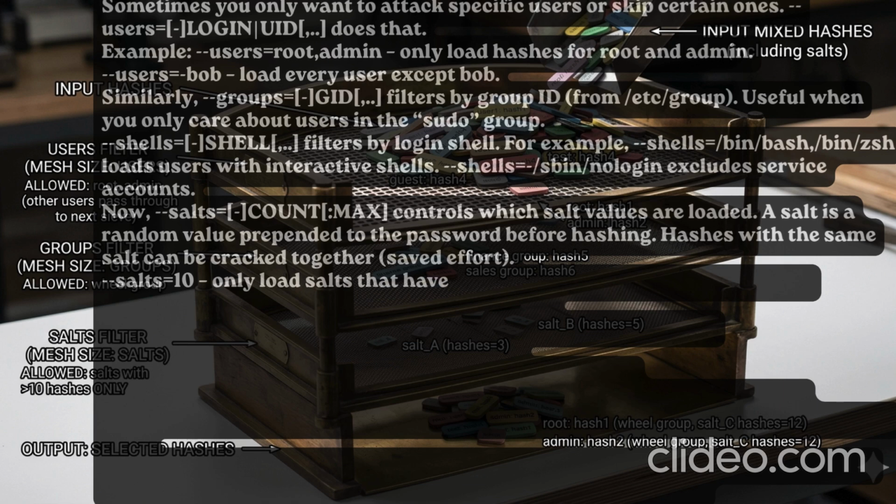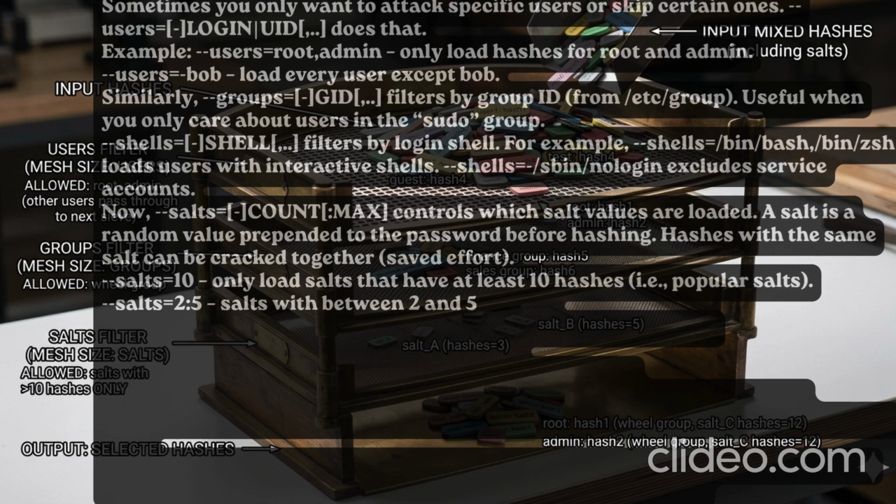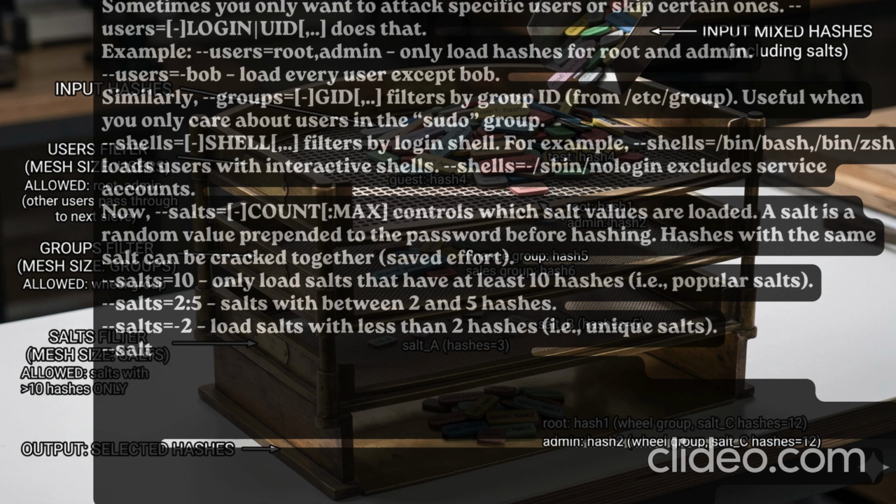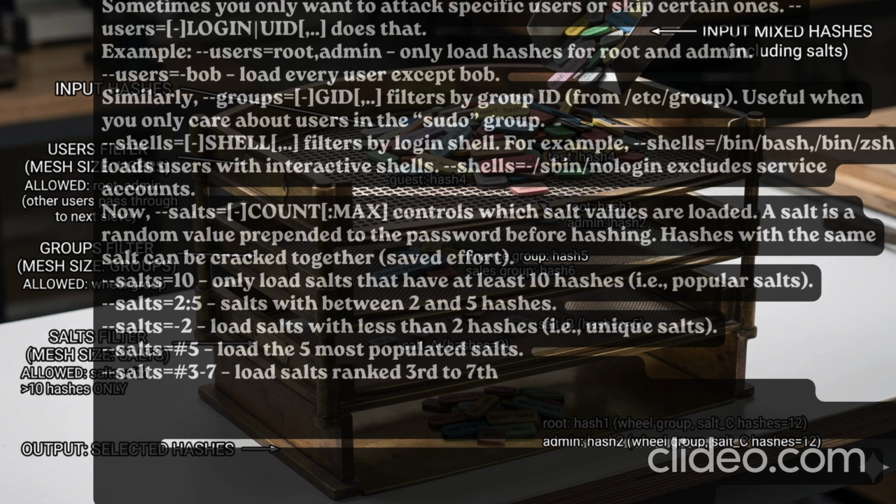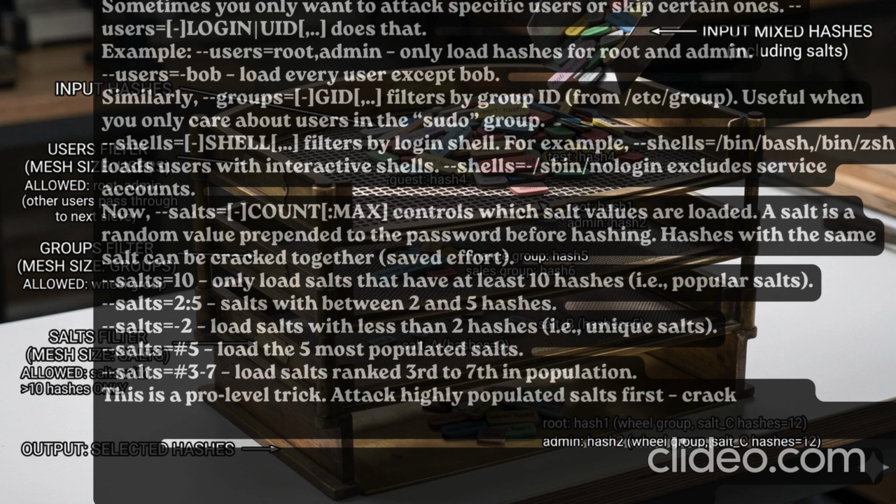Hashes with the same salt can be cracked together, which saves effort. --salts=10 only loads salts that have at least 10 hashes, popular salts, and --salts=2:5 loads salts with between 2 and 5 hashes. --salts=-2 loads salts with less than 2 hashes, unique salts. --salts=#5 loads the 5 most populated salts. --salts=#3-7 loads salts ranked 3rd to 7th in population.